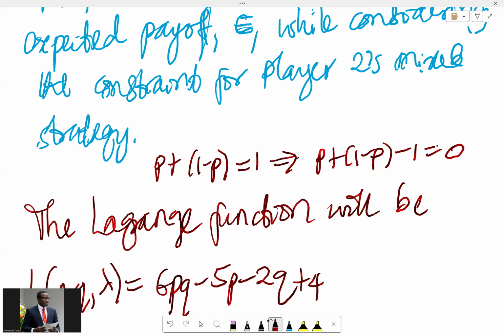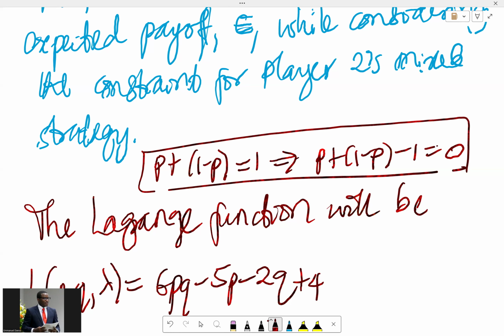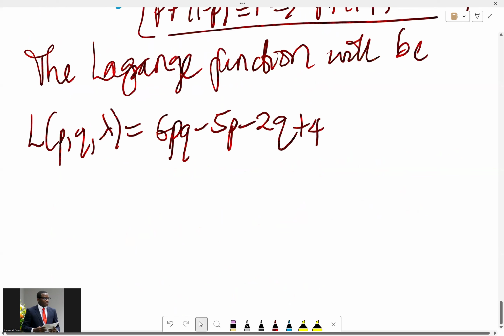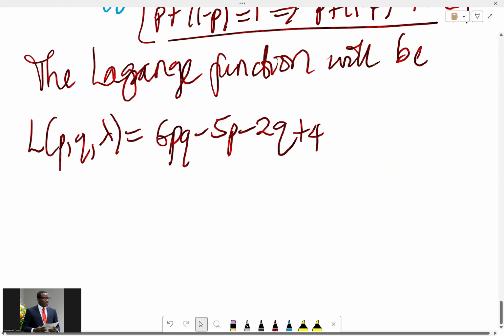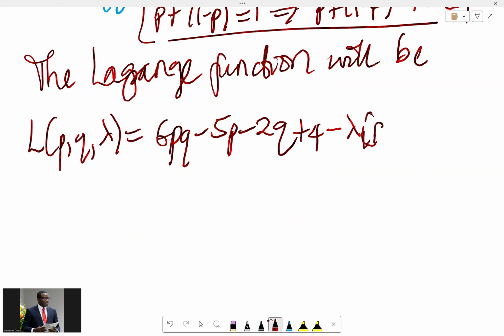This is crucial here, because that's the constraint we have. So with the Lagrange multiplier, we have minus lambda times (P plus 1 minus P minus 1). That's the Lagrange multiplier term. Since P plus 1 minus P is 1, which is always true, the constraint is automatically satisfied.